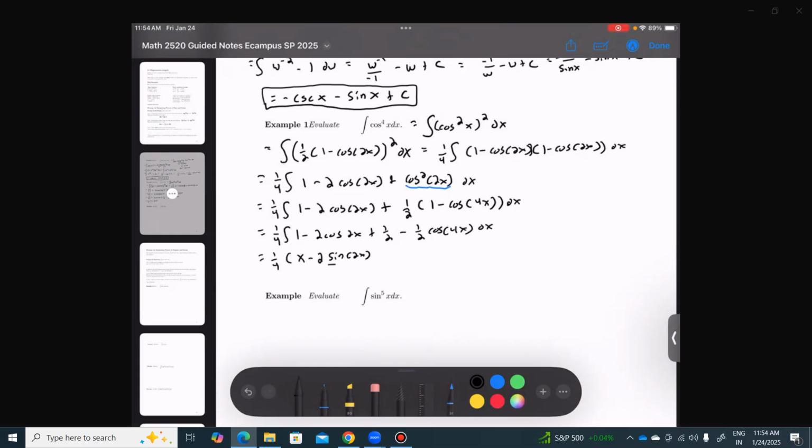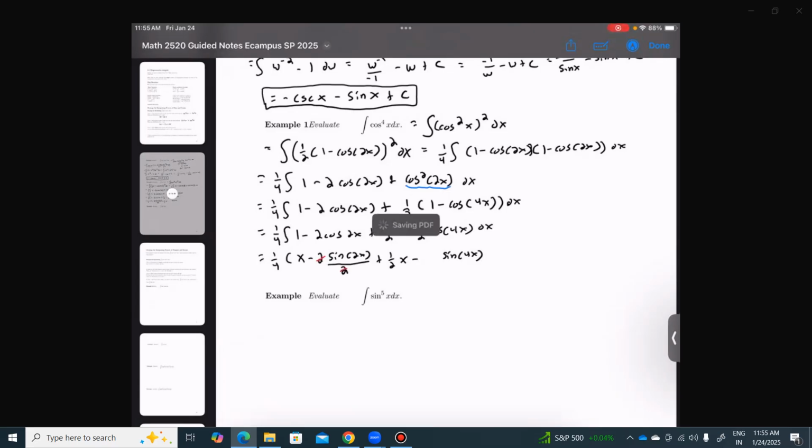And we don't want that, so we have to divide this by 2, which actually will cancel these out. And then we'll have 1/2 x. And then this also will be a sine of 4x. When we take the derivative, we have a 4 come out. So we actually have to divide by 4 as well. So we'll have it as an 8 on the bottom.